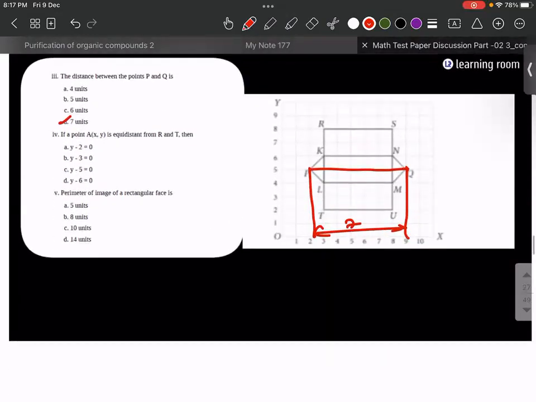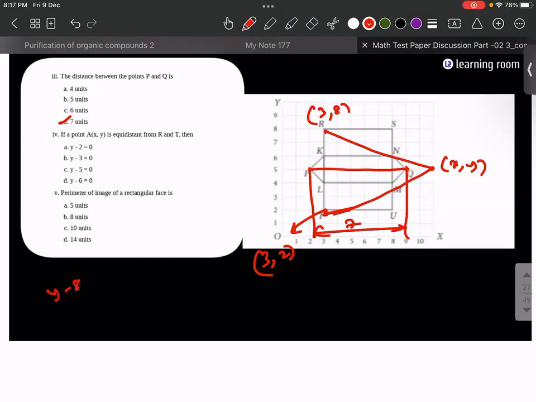If the point x comma y is equidistant from R and P, suppose I take x comma y to be equidistant from R and P, then what will be the distance? What is the value of R? 3, 8. What is the value of P? 3, 2.